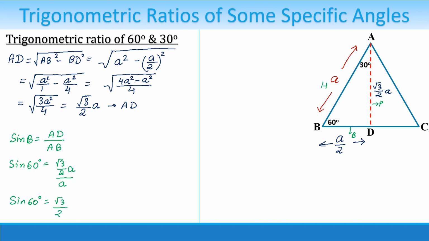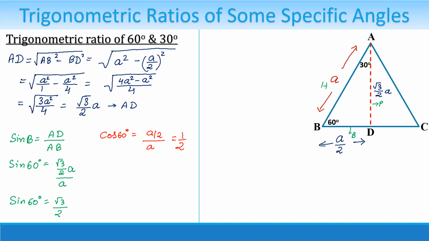So we got the value of sine 60° as root 3 by 2. Same way, if I wish to calculate cos 60°, cos theta is base by hypotenuse. So base will be a by 2 upon hypotenuse, that is a. Again a and a will cancel. We will get the value of cos 60 as 1 by 2.